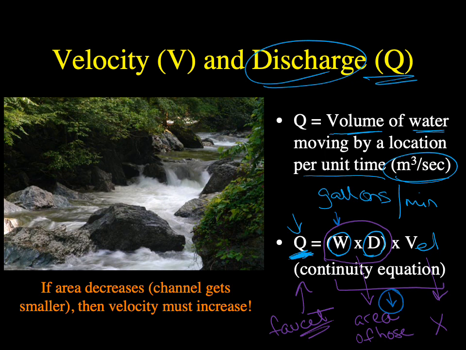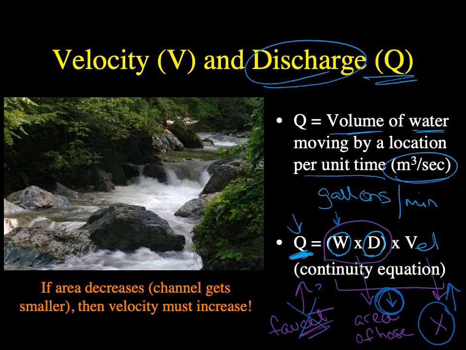So if you manipulate this equation by putting your thumb over half of the hose, did you change the faucet at all? You didn't go back to the house and change the faucet. So that didn't get changed. What had to happen? The velocity actually had to increase because you decreased the area of the hose.